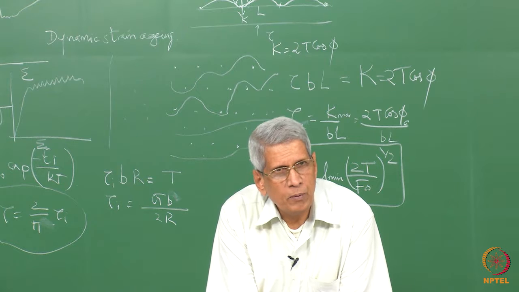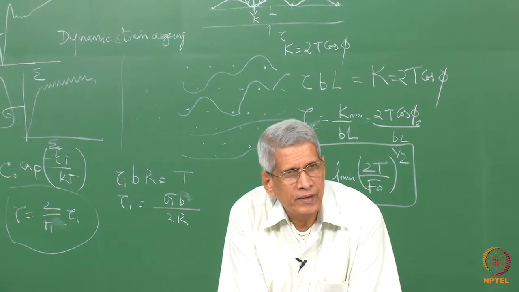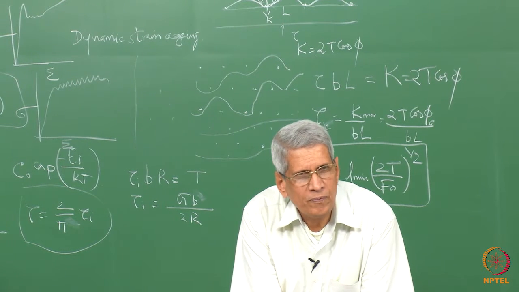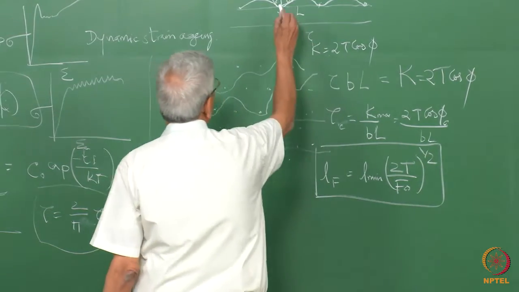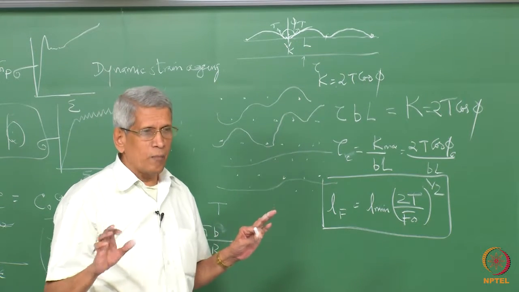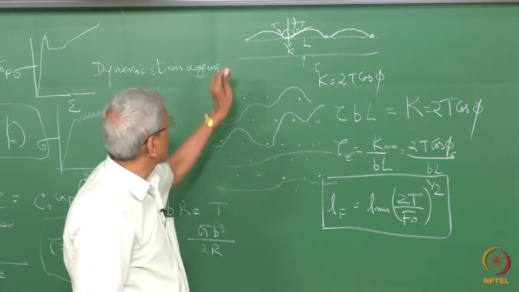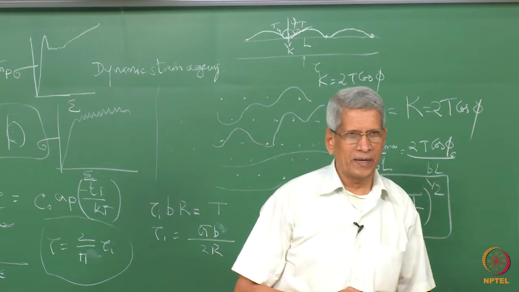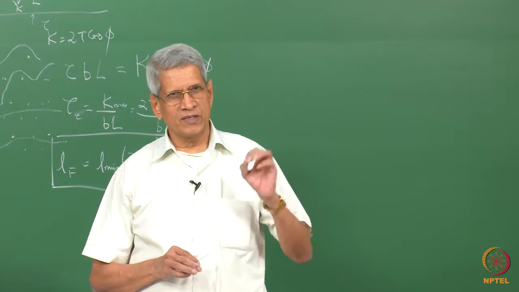One, suppose these are two different phases, both are disordered, and assume that both have the same crystal structure. And for the moment we consider that the lattice parameter remains the same. Suppose the modulus is different between these two, then what will happen?